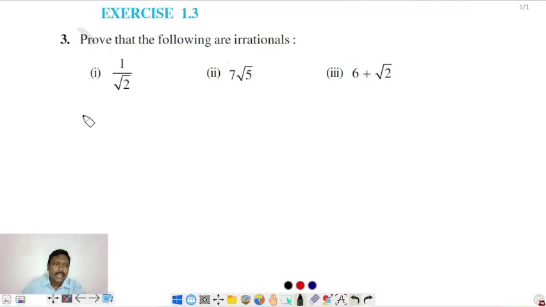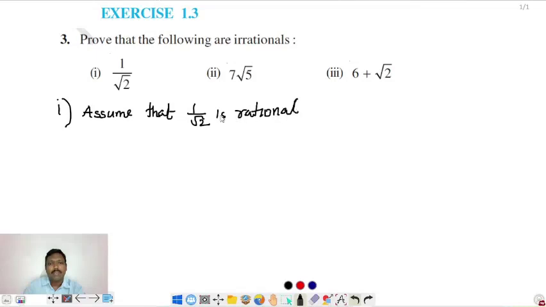So for the first question, assume that 1 by root 2 is rational.